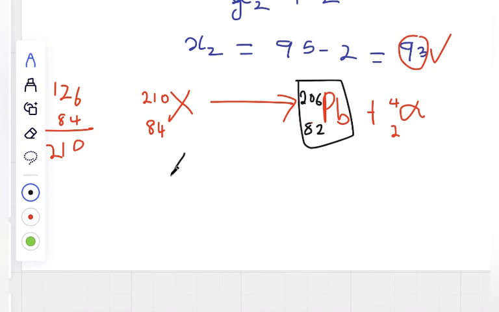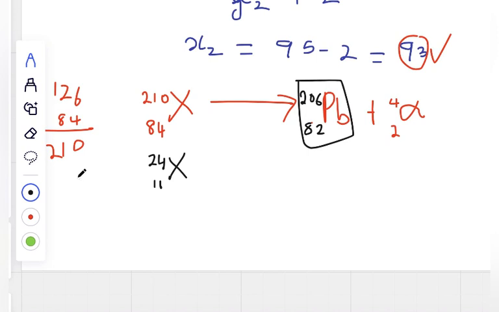So a nucleus with 11 protons, so I write 11 here, and 13 neutrons. If you add 11 plus 13, you get 24, right?